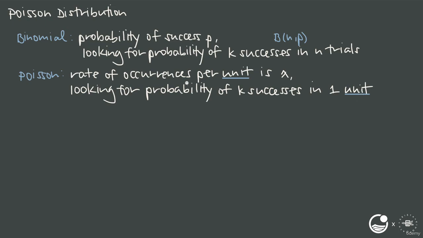But we can pick any kind of occurrence, and this unit doesn't have to be a unit of time. For instance, we could count the number of dogs that we pass per city block that we walk. And maybe on average, we pass 1.5 dogs for every block that we walk.